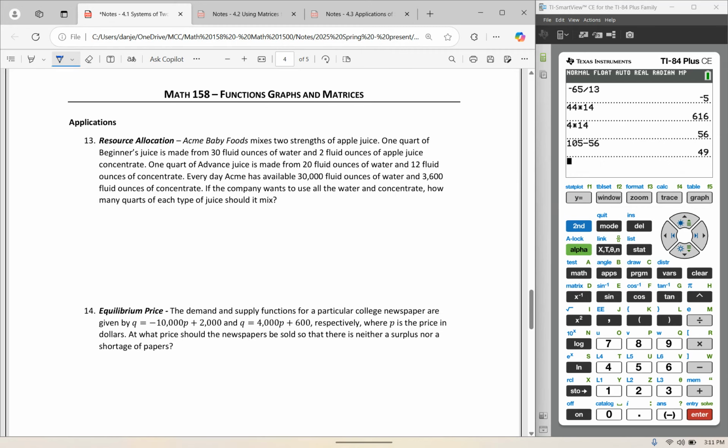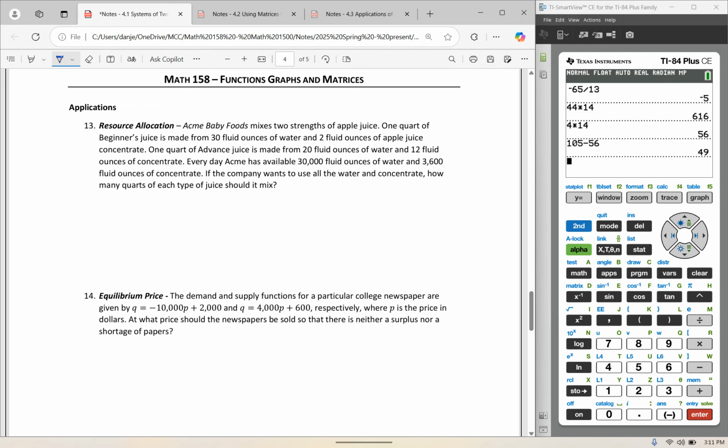Here are some applications that we can look at. Resource allocation. Acme Baby Foods mixes 2 strengths of apple juice. 1 quart of beginner's juice is made from 30 fluid ounces of water and 2 fluid ounces of apple juice concentrate. 1 quart of advanced juice is made from 20 fluid ounces of water and 12 fluid ounces of concentrate.